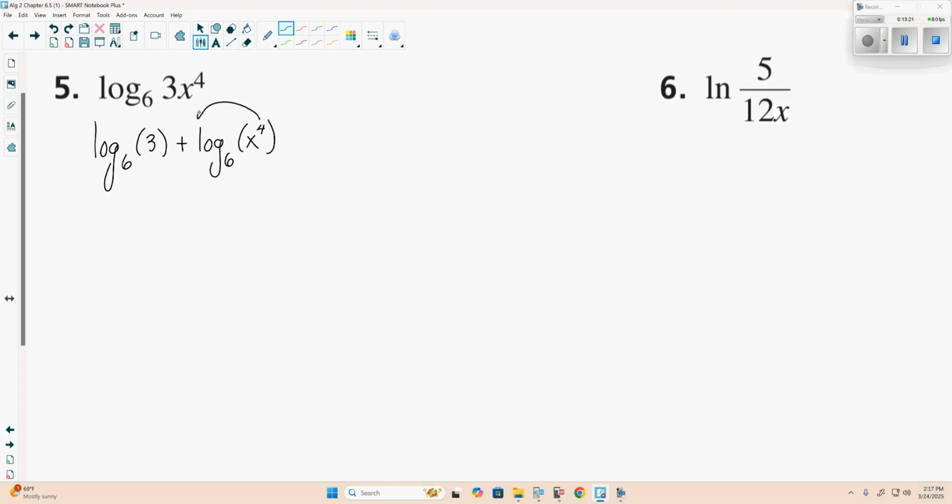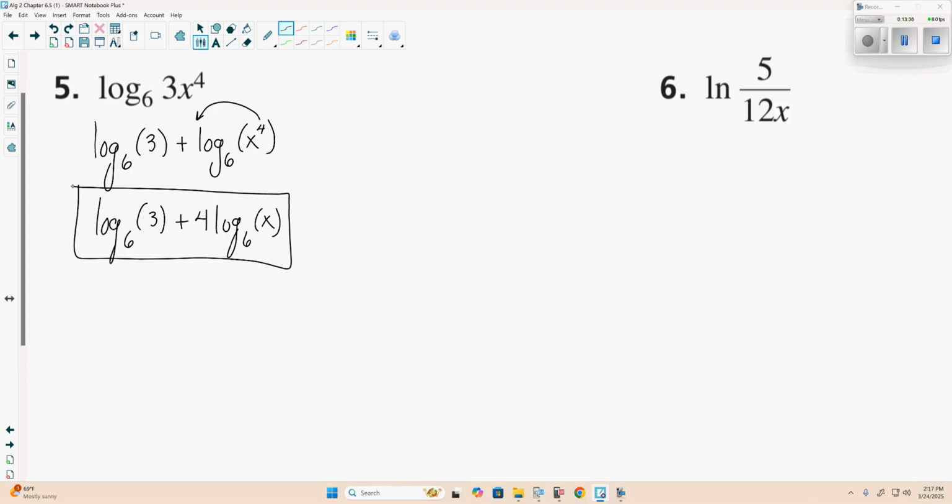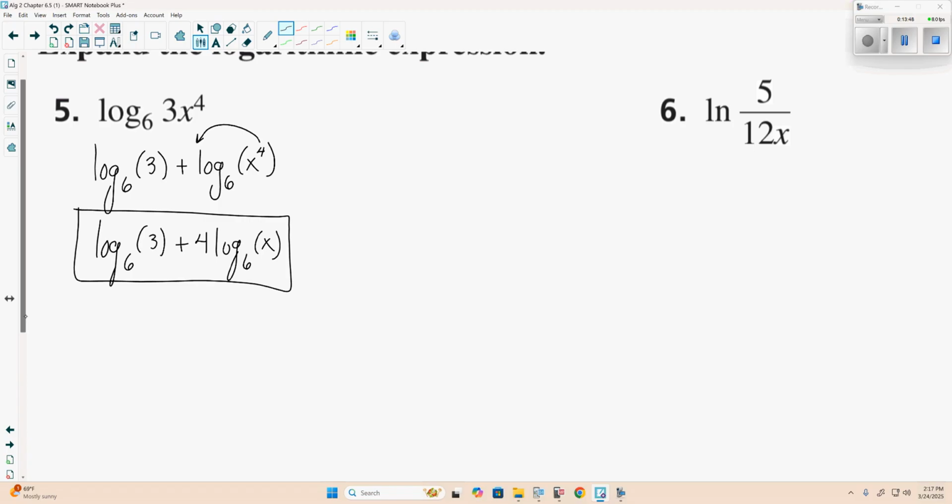This 4 is going to move to the front here, telling us that we have log base 6 of 3 plus 4 times log base 6 of x. Questions on this here?